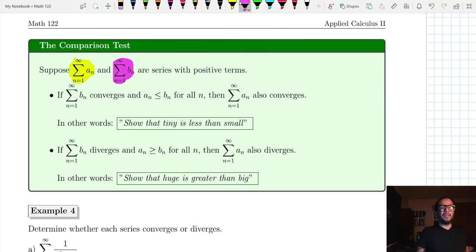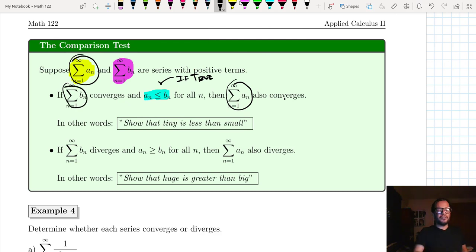And we are going to have two different criteria. We are going to set up this inequality: a sub n less than or equal to b sub n. If this is true, then the original problem, which is a sub n, will converge just the same way as the one that we have for test.